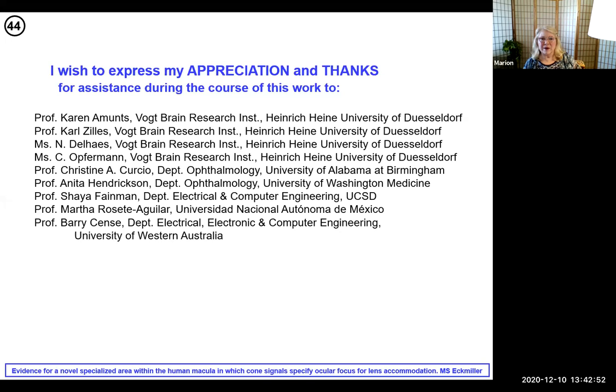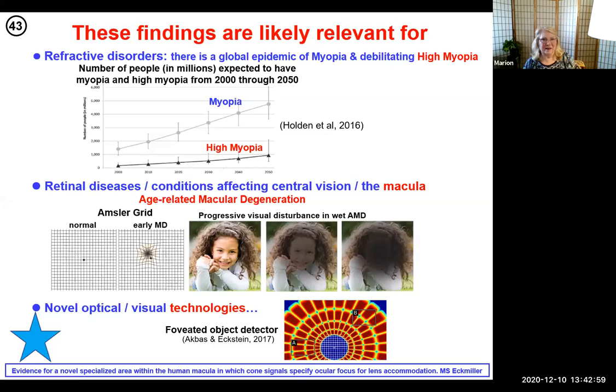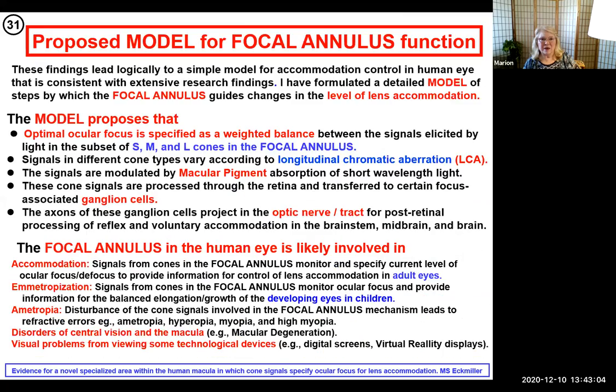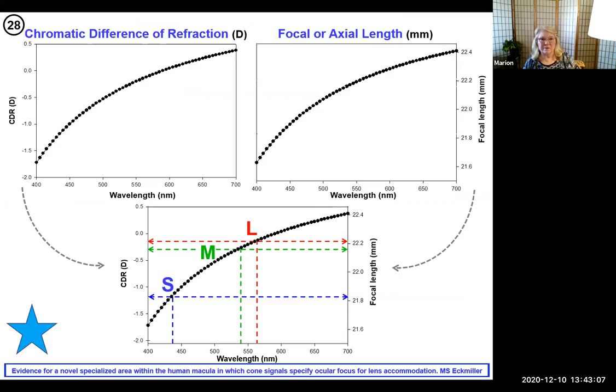And by my hypothesis, let me see if I can get this back to a much earlier slide here. The cones will individually, okay, that was it there. So the S, M, and L cones each will be using LCA, longitudinal chromatic aberration. They are pointing straight ahead, in a sense, based on the Scheiner principle.